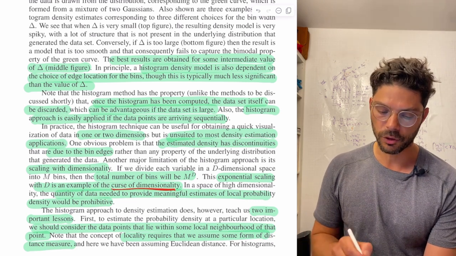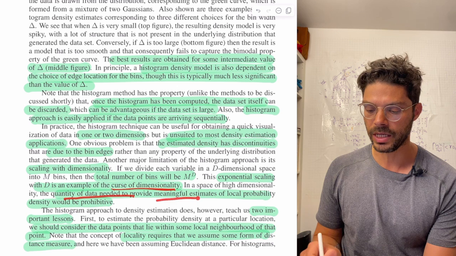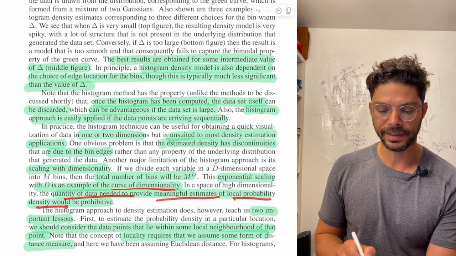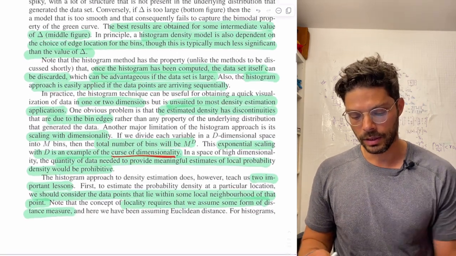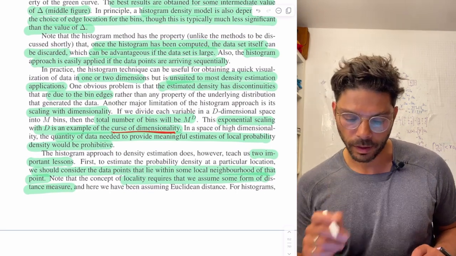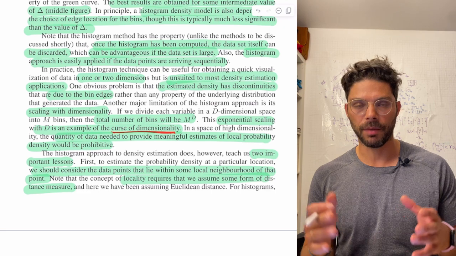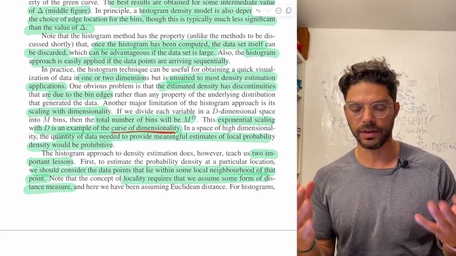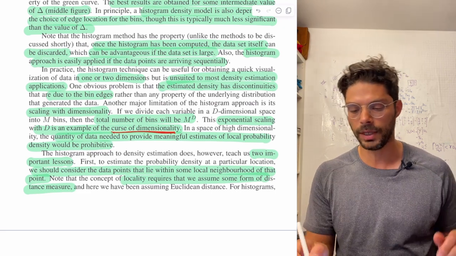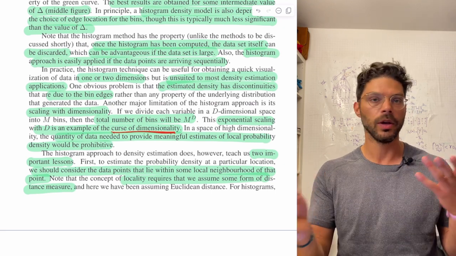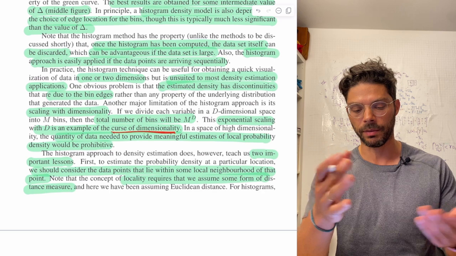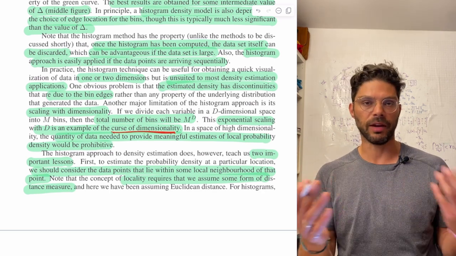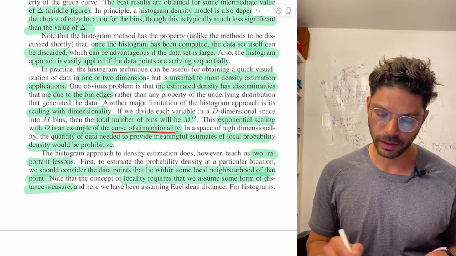In a space of high dimensions, the quantity of data needed to provide meaningful estimates of local probability density would be prohibitive. For any reasonable number of dimensions, you'd need way too many points to get even a single data point in each one of the boxes, and so you're going to get very noisy estimates.